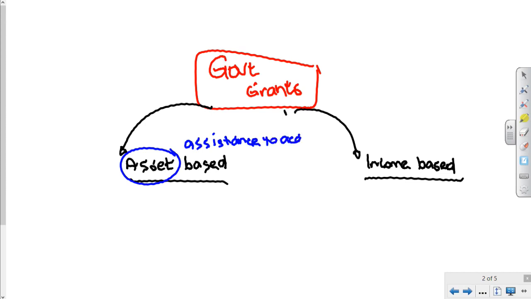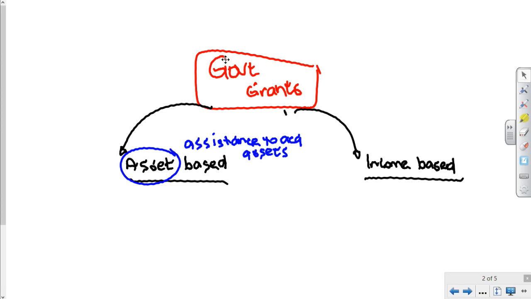And government would provide assistance to companies to acquire assets for a number of reasons, either to promote employment, or to promote growth in specific areas, or to meet some kind of social need, like building of hospitals or clinics, isn't it?